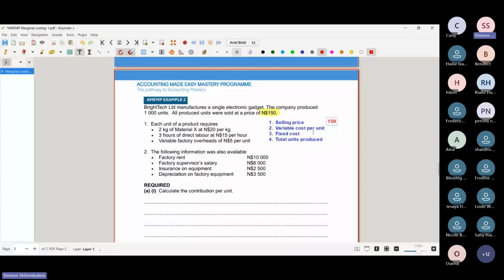Now, it just says each unit of a product requires 2 kg of material X at $20 per kg, 3 hours of direct labor at $15 per labor hour, variable factory overheads at $5. So you can see the information has not given you the variable cost. Now, what are we going to do?